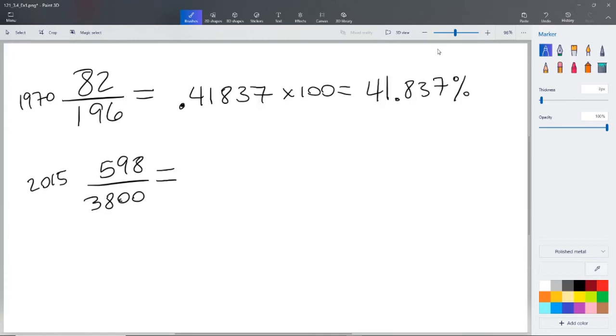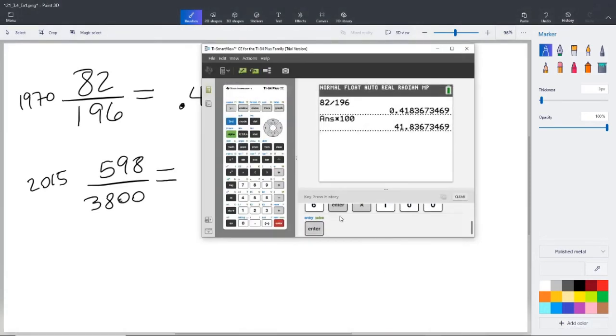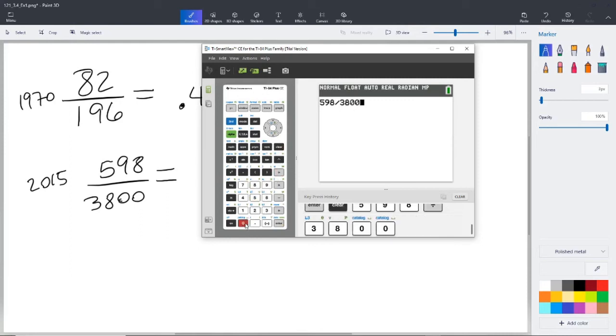And then in 2015, we have $598 billion against $3,800 billion. And so once again, let's bring up our calculator so that we can get some help here. I'm going ahead and clearing this first. And then I'll say 598 divided by 3800.